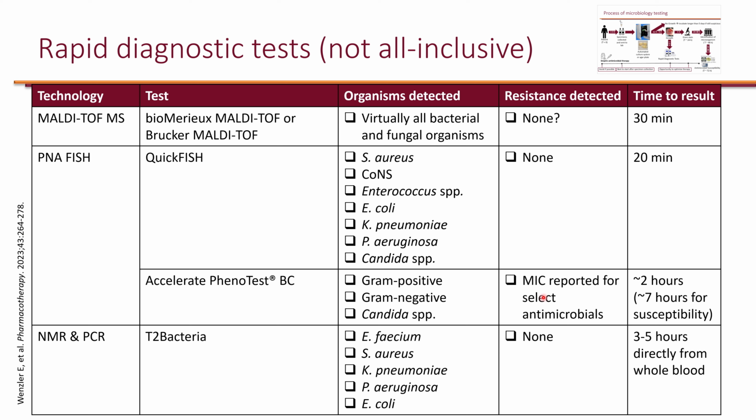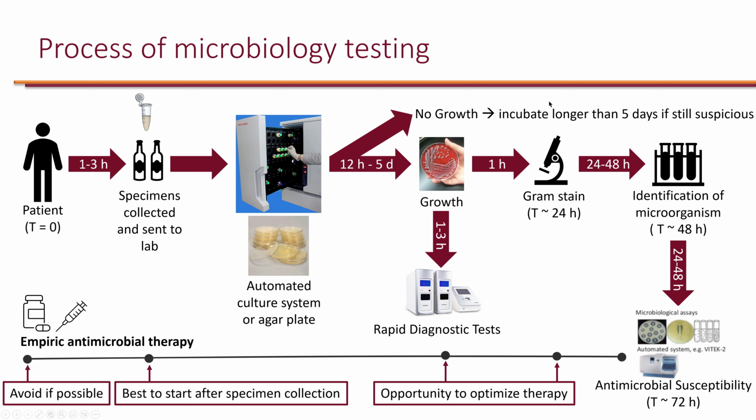And lastly, we have a combination of NMR and PCR, the T2 Bacteria. This one takes about 3 to 5 hours, and it can detect some organisms but not resistance. But this one is unique because it can actually work directly from whole blood. Typically, when we get the blood samples from the patient, they need to be incubated and show some growth before we can put them in a rapid diagnostic test.